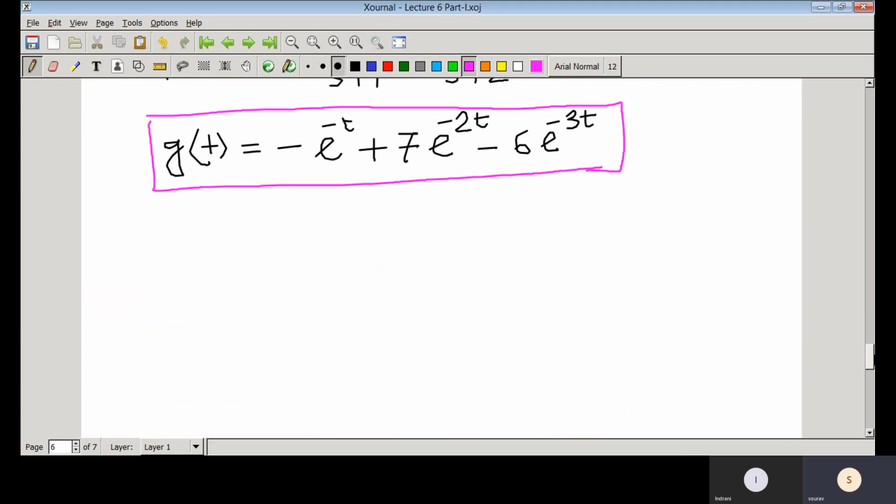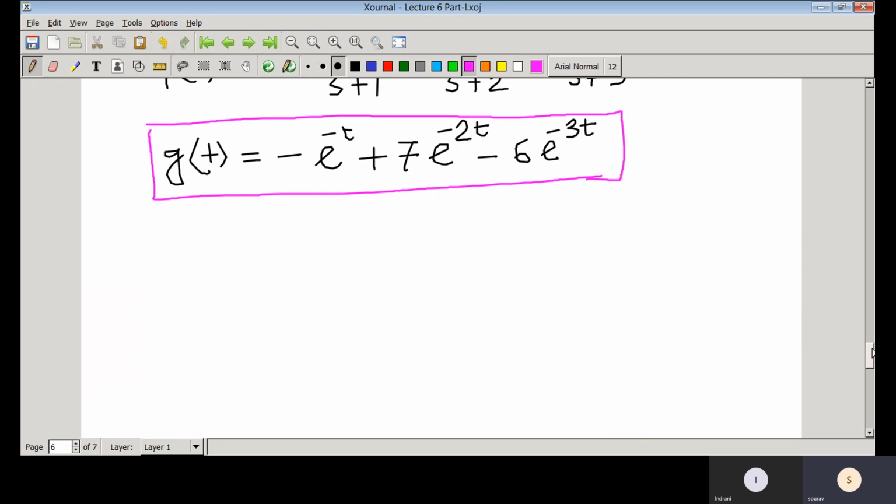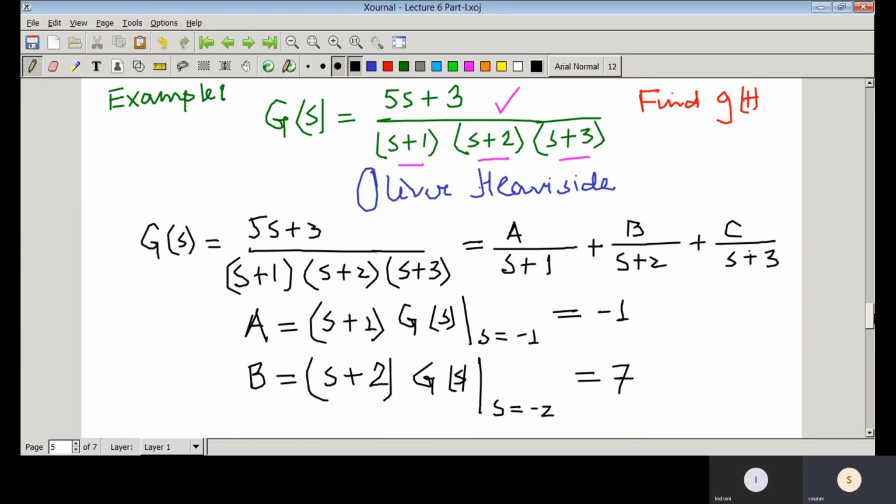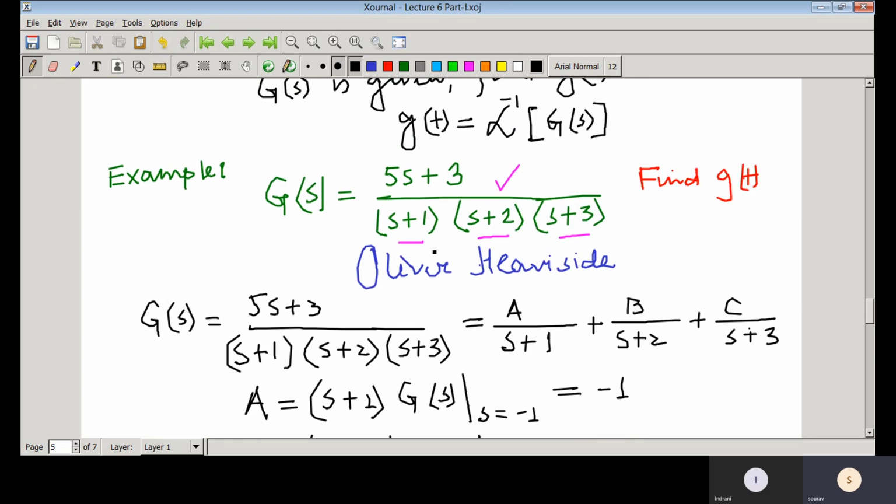In the last class you have seen what the pole-zero map would be. So if you draw that pole-zero map, with sigma and j omega axes, the poles are at -1, -2 and -3, and you have one finite zero at -3 by 5.